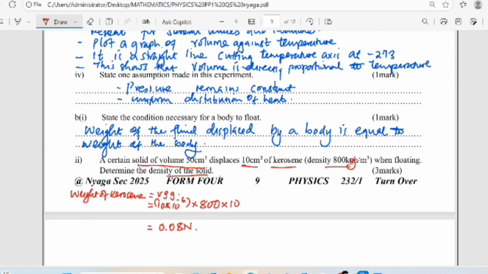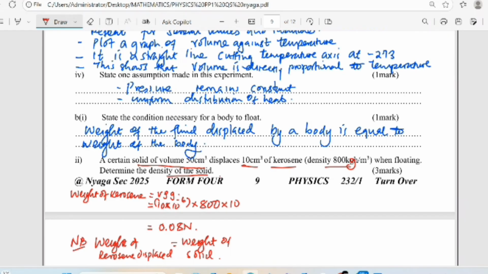Now, since the weight of kerosene must be equivalent to the weight of the solid, then we can get the mass of the solid. So allow me to put it: the weight of kerosene displaced is equal to the weight of solid.